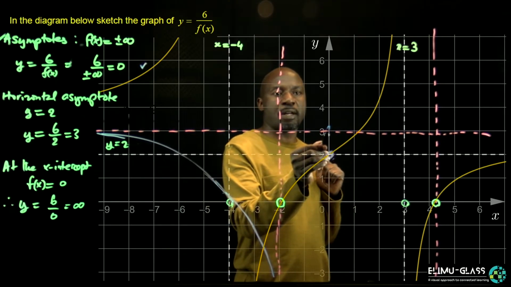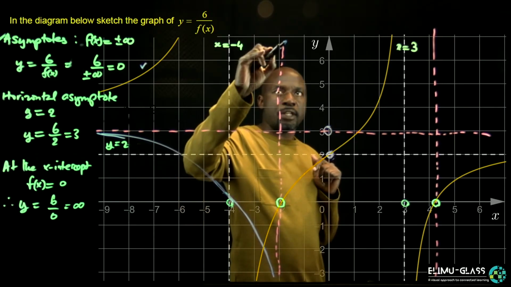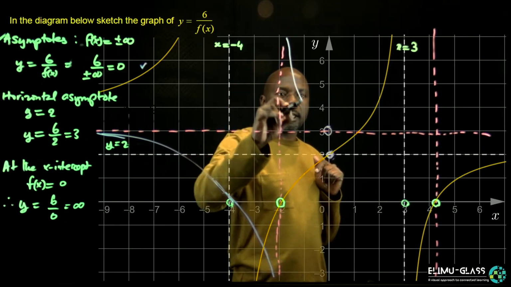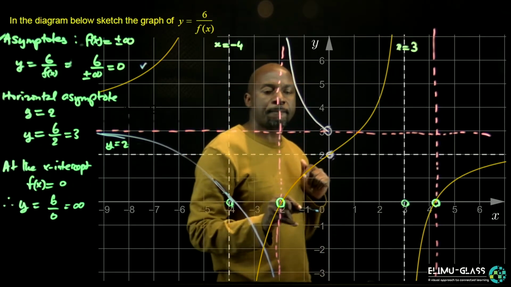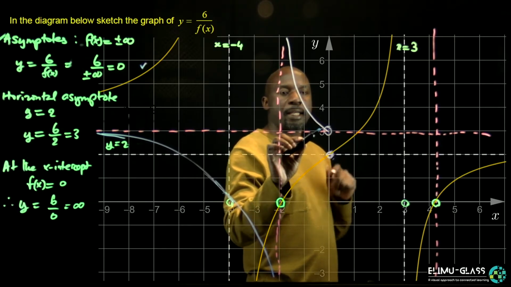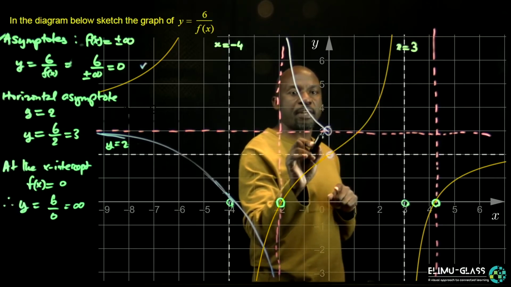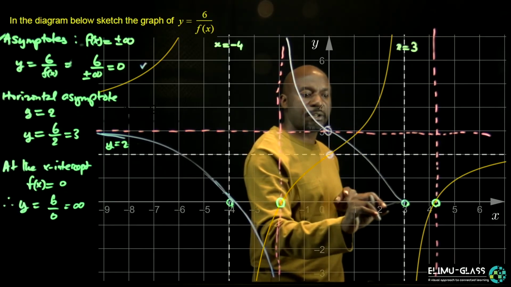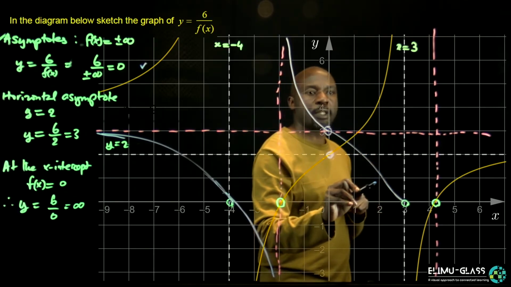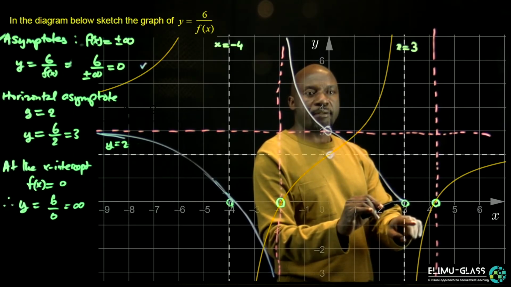So we expect our reciprocal function to pass through this point, increasing from infinity, decreasing to that point, passing through 3, and the function here is increasing, so I expect my function to decrease towards 0, and then the function is now negative here.